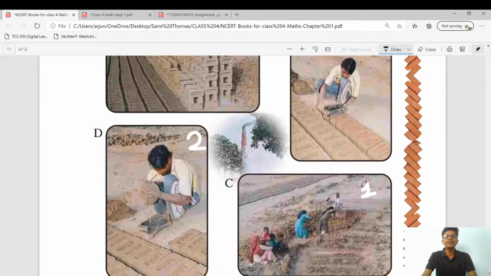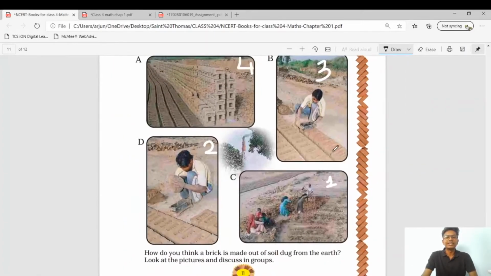So these are the 4 photos you can see, but we have to arrange them in order of how the bricks are being made. The first photo will be this one, in which the soil is dug. Now the soil will be put in this mold to give the shape of the brick.